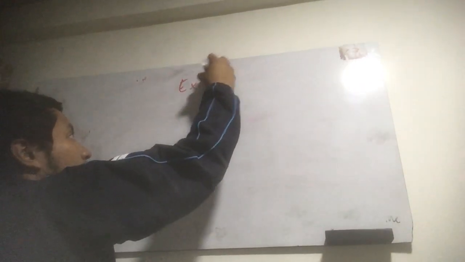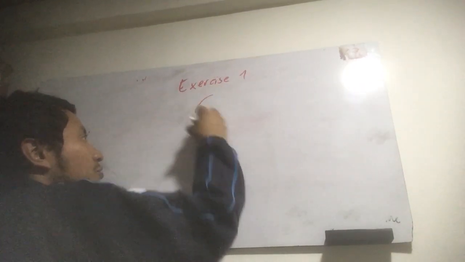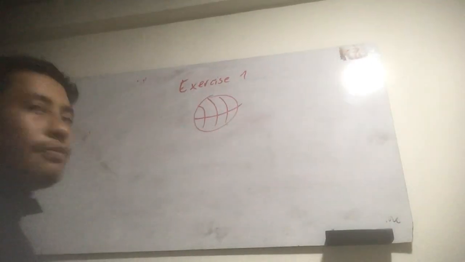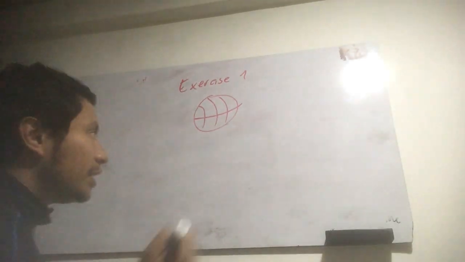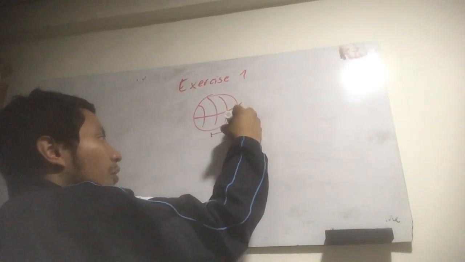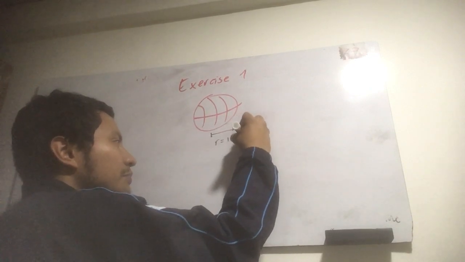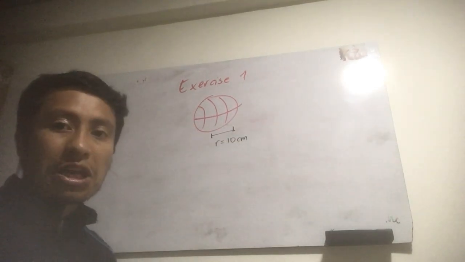So I'm going to show you an example finally to discover the volume of a figure. Ready? And so I'm going to pose the exercise. I'm going to calculate the volume of this basketball. The basketball approximately has a radius of 10 centimeters. Ready?